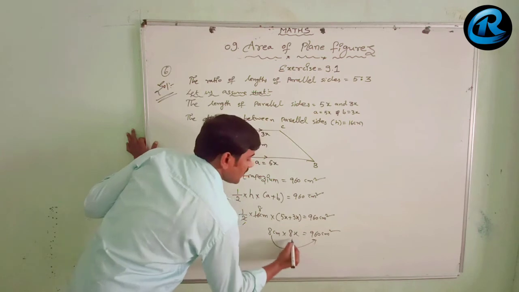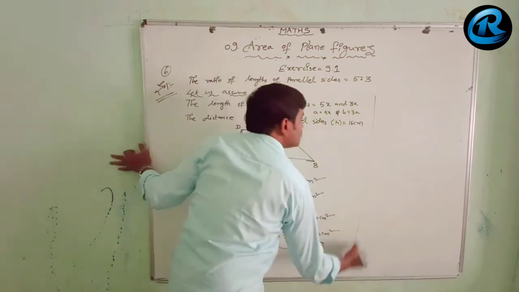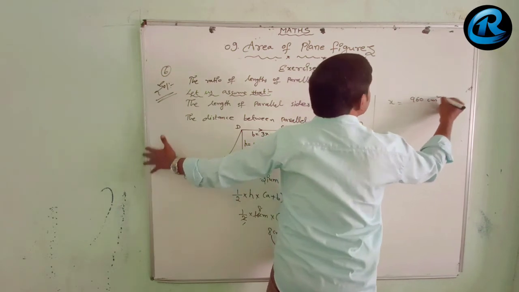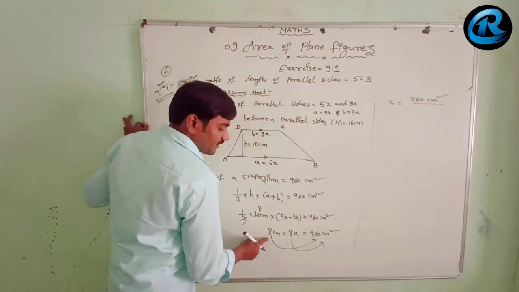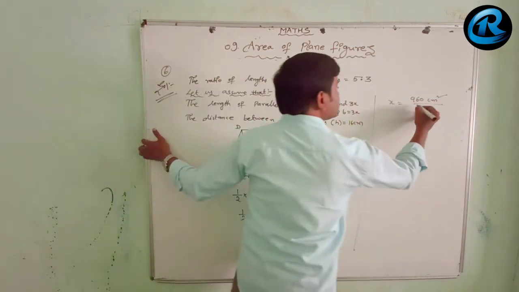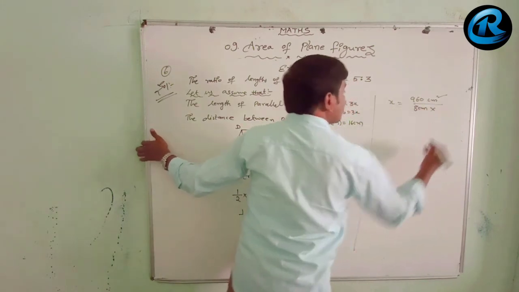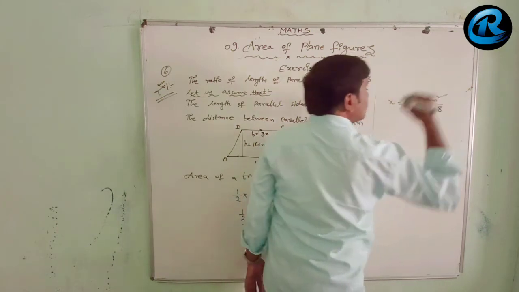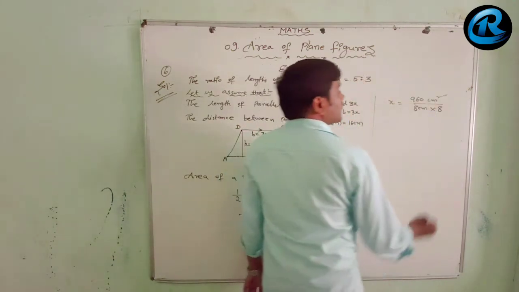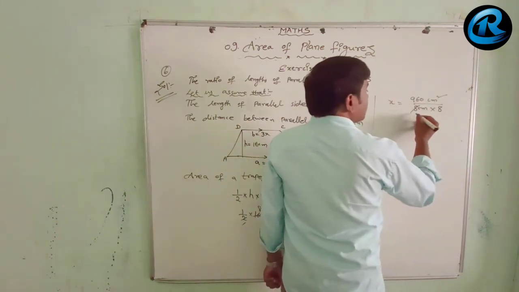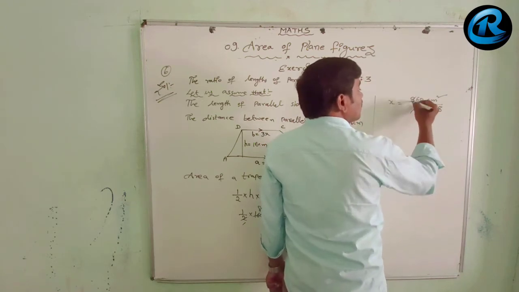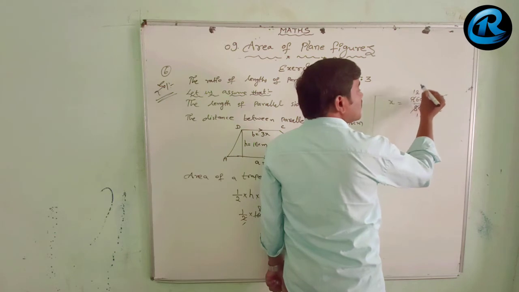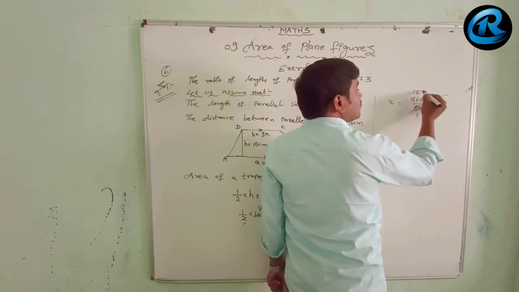This 8 and this 8 will transfer to this side. So x will be equal to 960 centimeter square divided by 8 centimeter, and this 8 is also multiplied to x, so it will also be divided. Let us divide. 8 ones are 8, 1 is left, 16. 8 twos are 16 and 0.